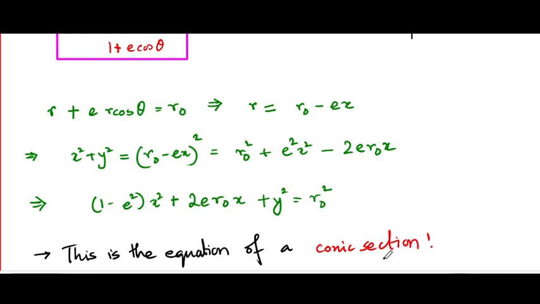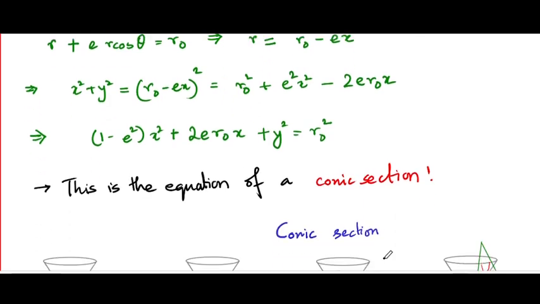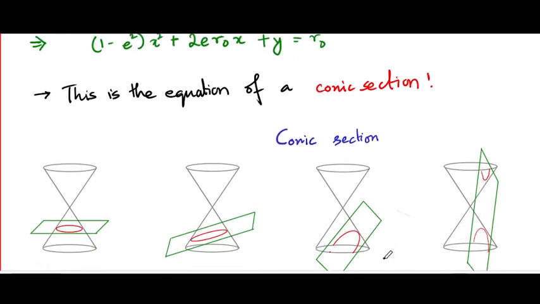A conic section, as you all may already be aware of, is simply what you get when you slice a cone. Remember, a cone in mathematics is simply an equation of the form x squared plus y squared equals some constant into z squared. So it's not just a cone which looks like this, not just an ice cream cone.